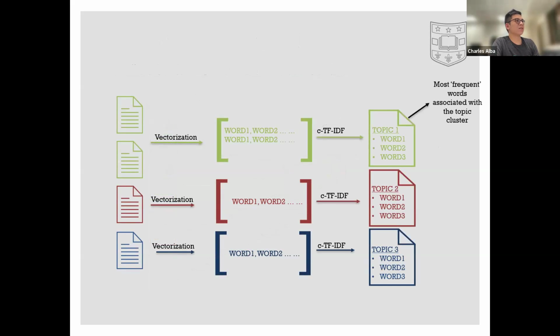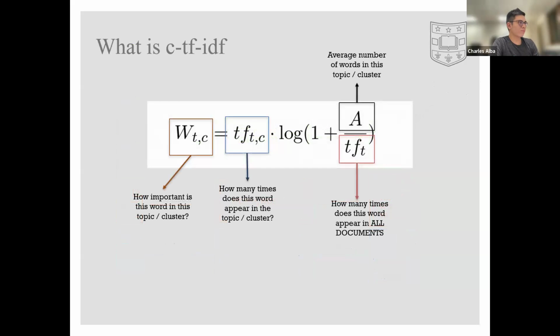It uses a TF-IDF-like structure to gather the most frequent words associated with the topic cluster. For those who don't know TF-IDF, it's basically like this. As you can see, W here represents how important a word is in this topic.